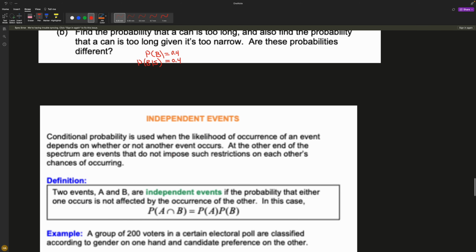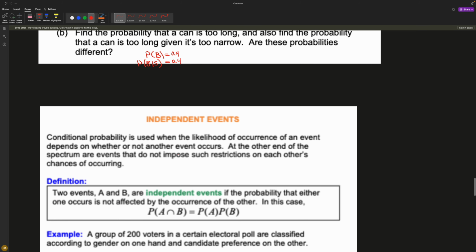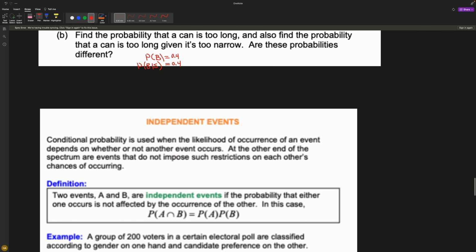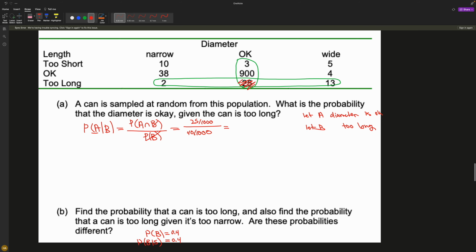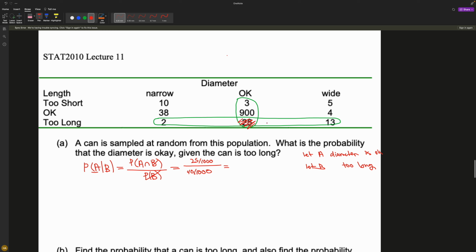that means, and this is where we're going to go, they are independent events. That means whether the can is too narrow has nothing to do with whether it's too long. And why is that? So you see, if you go to your data and you look at it being too long, well, you'll take this 40 and you divide it by all the cans.